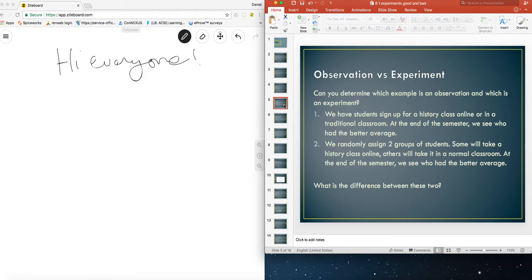This is an observational study because we did not force them to do one or the other. In number 2, though, if you notice, randomly assigned 2 groups of students, that means now I have chosen. So student A has to take history class online and student B has to take this history class in person. So they didn't get a choice in the matter. That means I'm affecting the variables, so that means number 2 is the experiment.